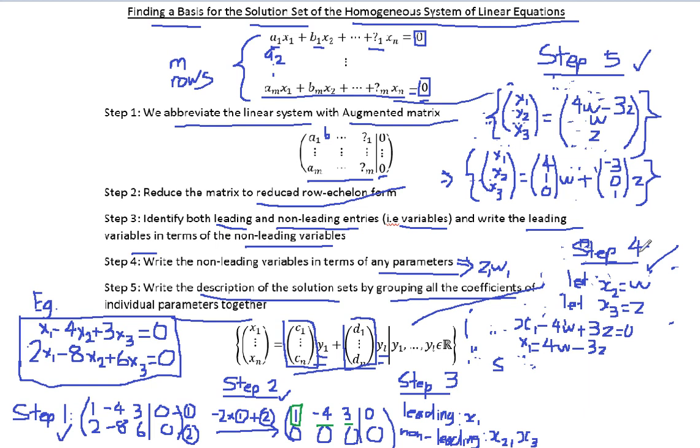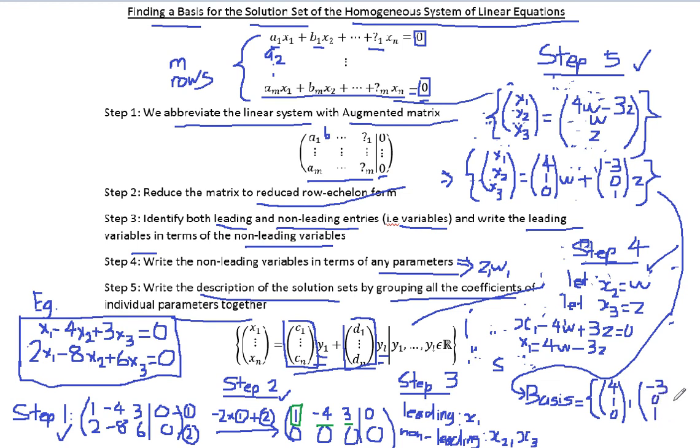Now the final step, we can write our basis in this form. So from here, let's conclude that therefore basis equals to 4, 1, 0, comma, minus 3, 0, 1.